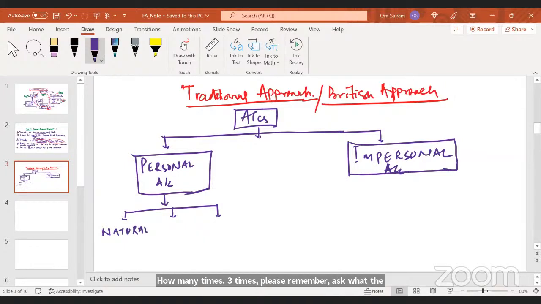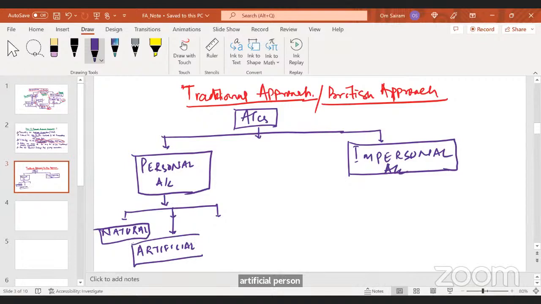Second one, the person may be an artificial person. And the third, a representative person.